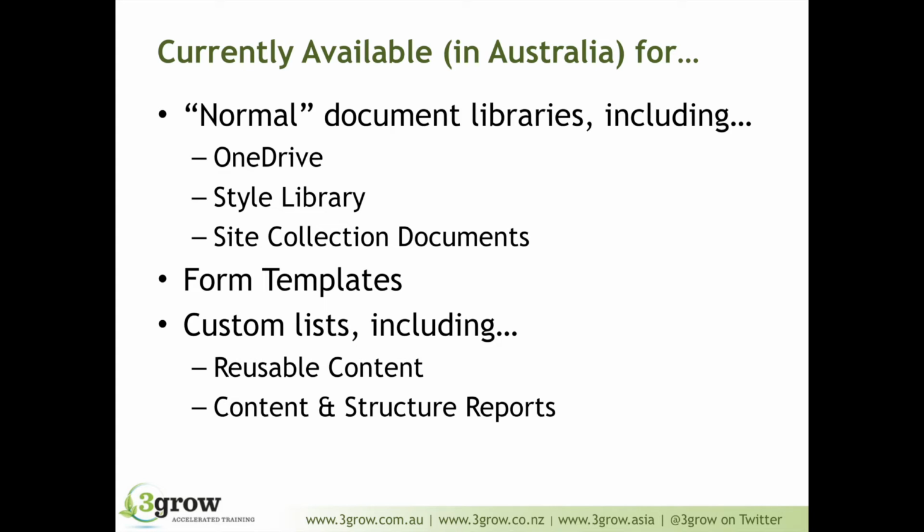Microsoft did use that as a bit of a trial platform, so people could familiarize themselves with that new interface via their OneDrive before it became the standard interface within lists and libraries of their team sites. Your form templates library and custom lists also have the new experience.